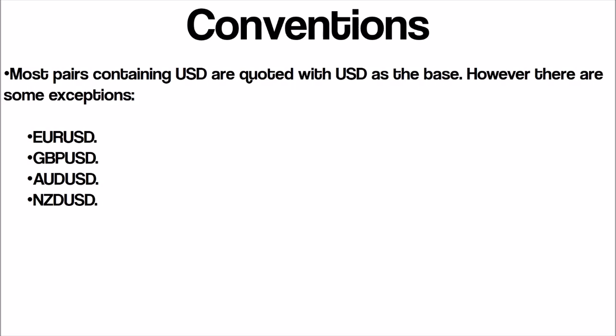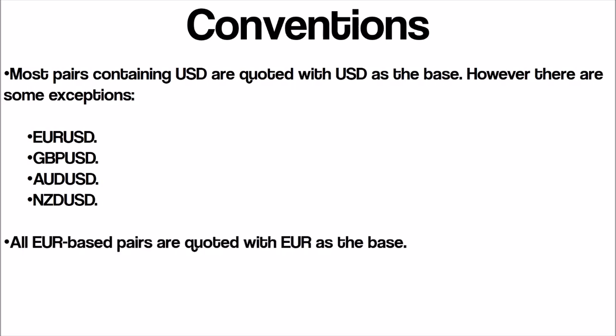That's euro dollar, sterling dollar, which is cable, Aussie dollar, and Kiwi dollar. Aussie dollar is AUD USD, which refers to the Australian dollar. NZD USD is the New Zealand dollar. And in these cases, the other currency is the base currency. And without exception, all euro-based pairs are quoted with euro as the base.